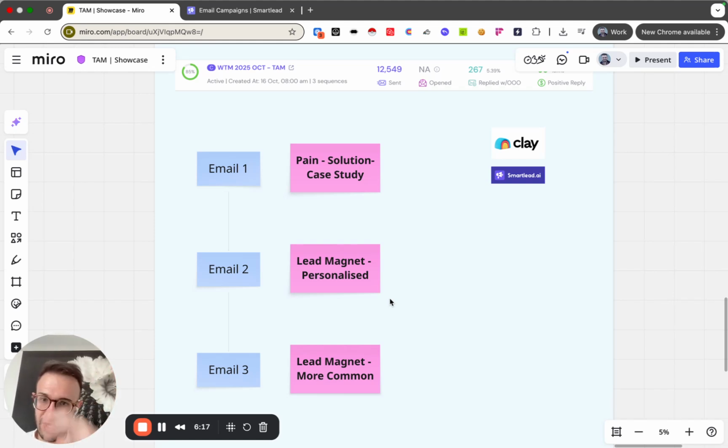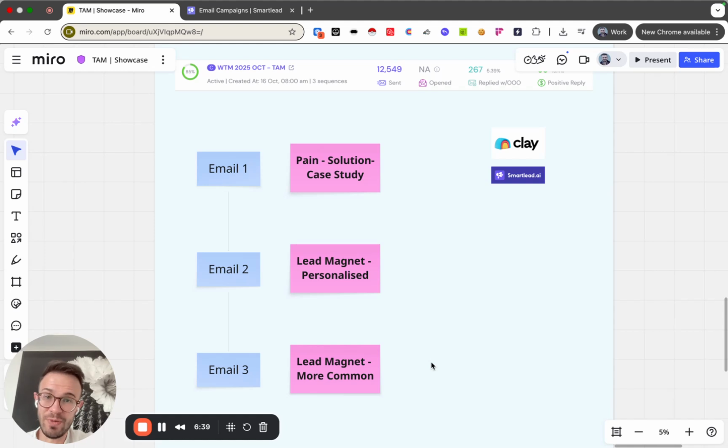It's more common. People understand a lead list better than a strategy. It aligns more with their understanding of what we're going to send them. It's the last chance, but it gets all the last replies from those who didn't reply before.